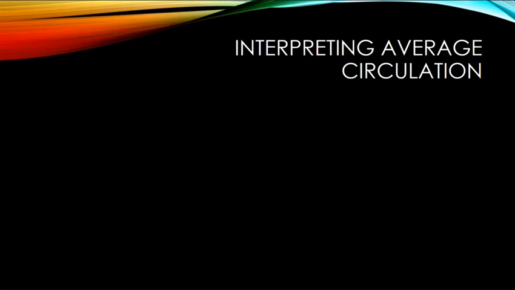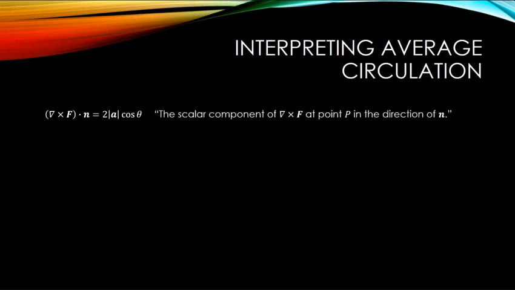Now let's interpret what we're talking about with this average circulation. I know that del cross F dotted with n is equal to 2 times the magnitude of A times cosine theta. I can also read that as the scalar component of del cross F at point P in the direction of n. That's what that mathematical statement means in English.